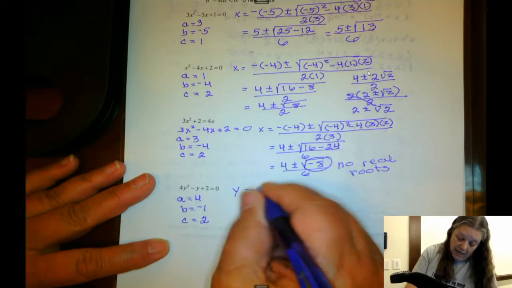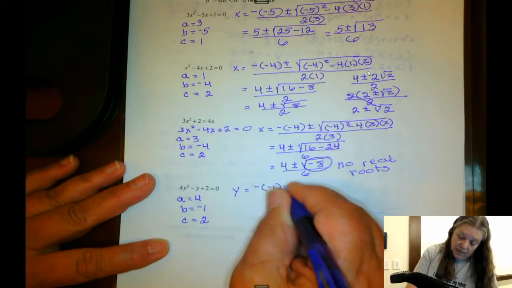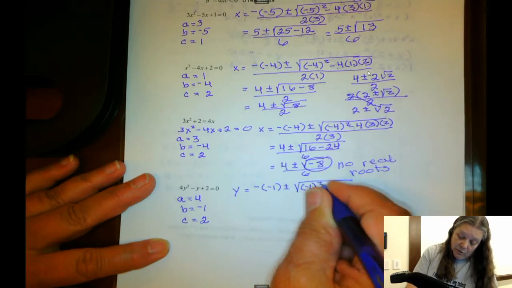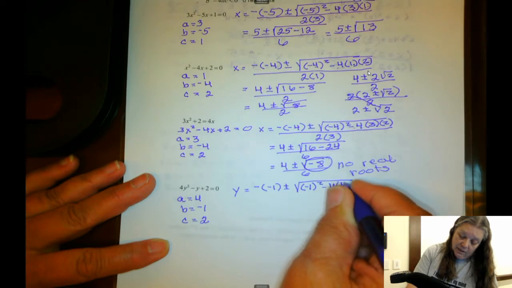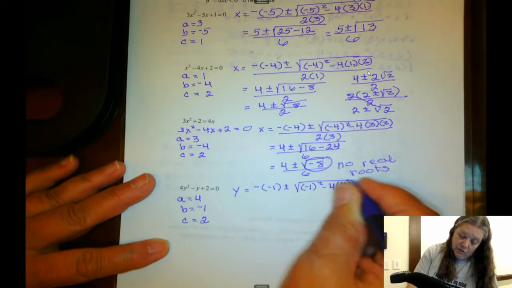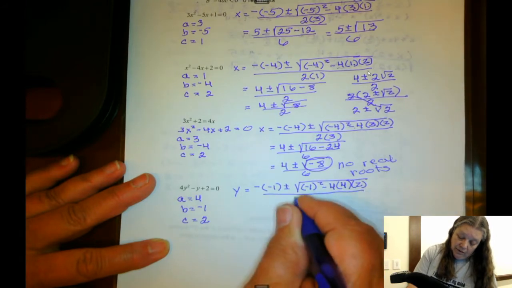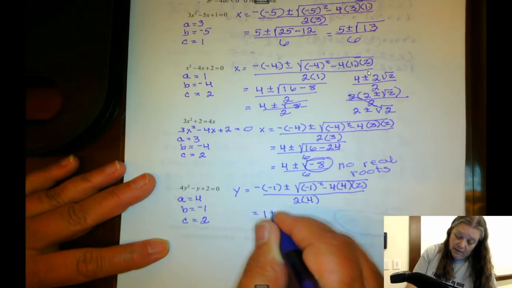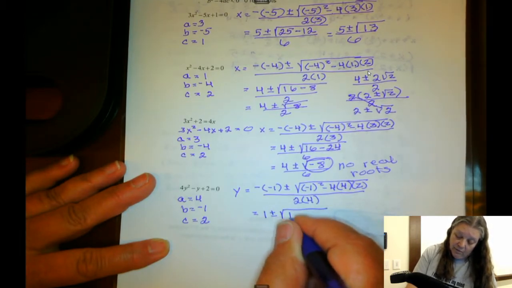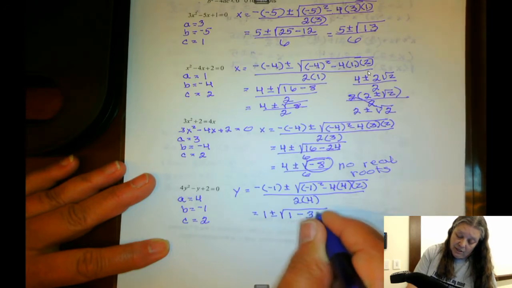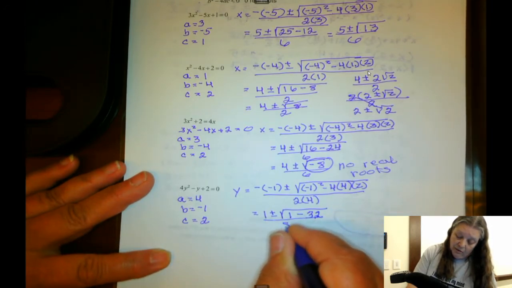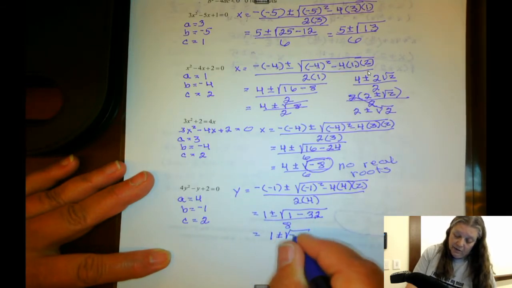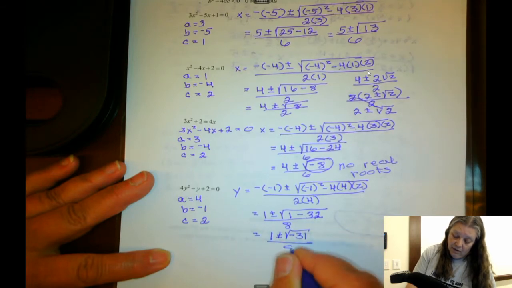So now it's y equals negative of a -1 plus or minus the square root of -1 squared minus 4 times 4 times 2 over 2 times 4, which gives us 1 plus or minus the square root of 1 minus 32 over 8, which is 1 plus or minus the square root of -31 over 8.